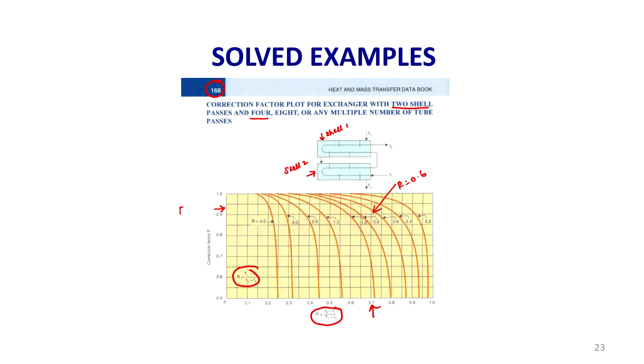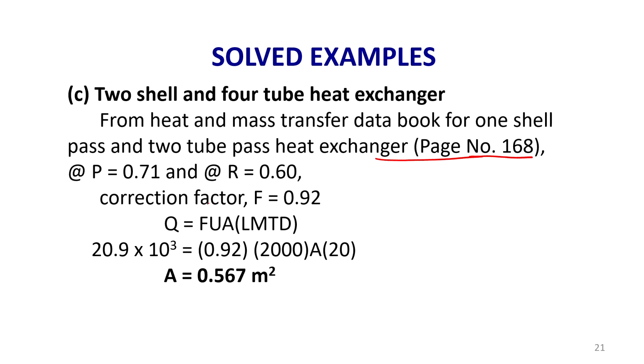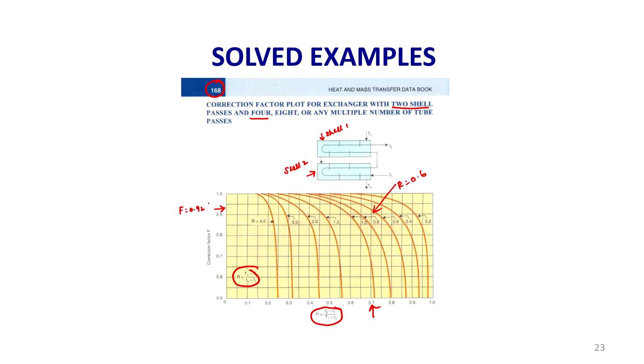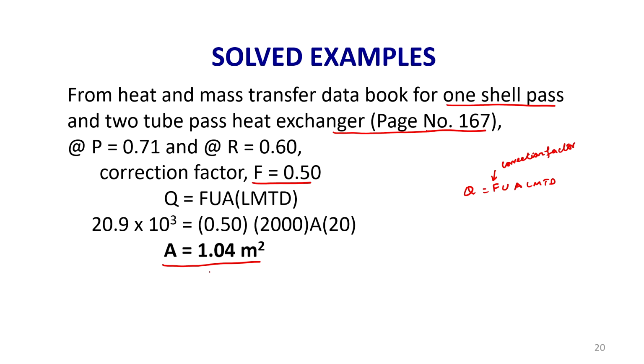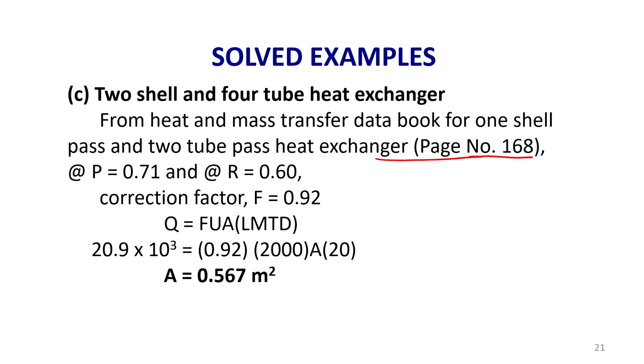So, F is equal to approximately 0.92. Similarly, in the previous chart F is equal to 0.5. So, the correction factor has increased from 0.5 for a single shell with 2 passes to 0.92 when we analyze the same problem for a double shell and 4 passes.